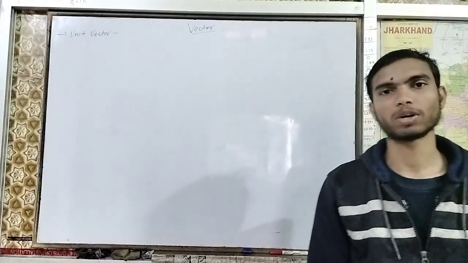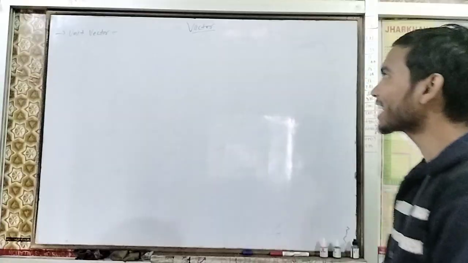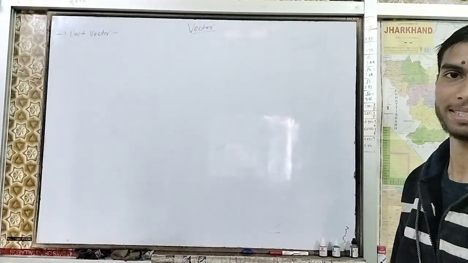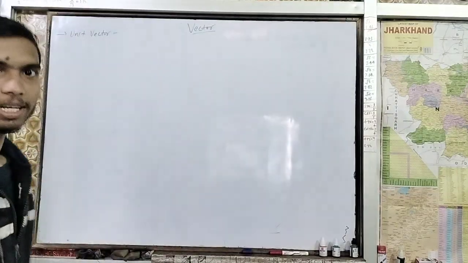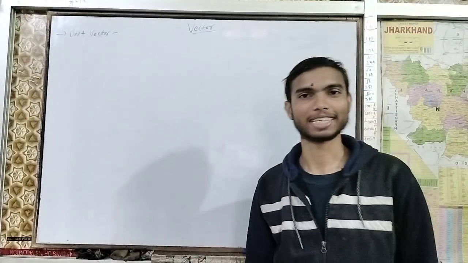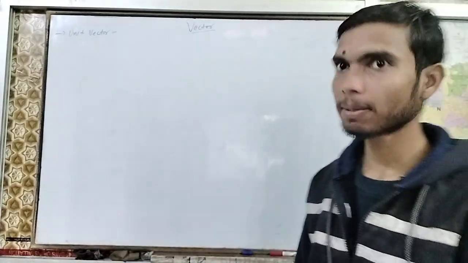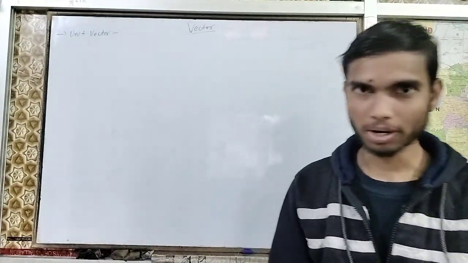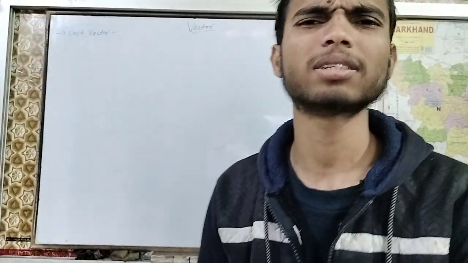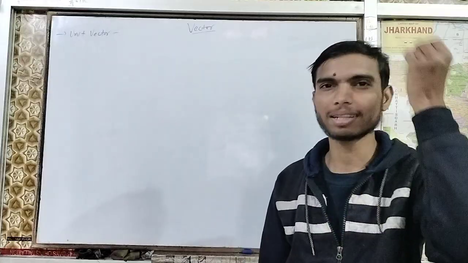Unit means one, and here the vector is a type of unit vector. As I said, from the word we can define any type of something. For example, this is a type of vector. Here from the word we are getting clarity. Unit means one, means magnitude is one, and direction is anything.